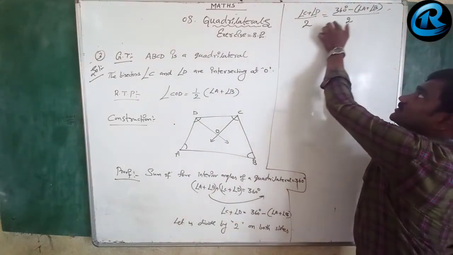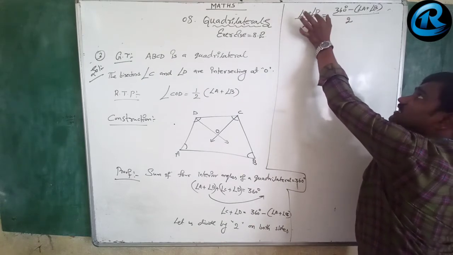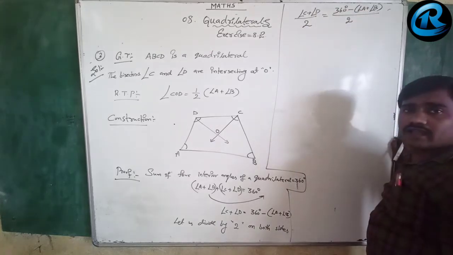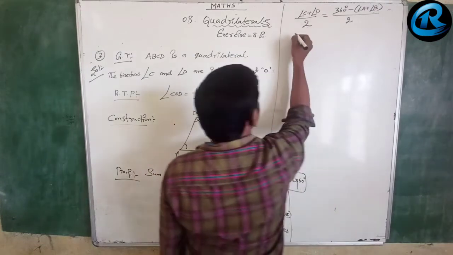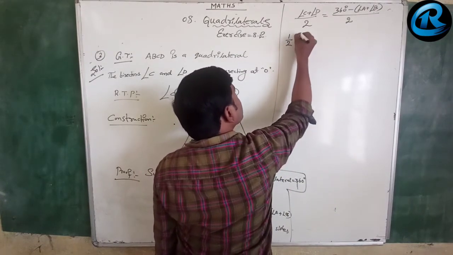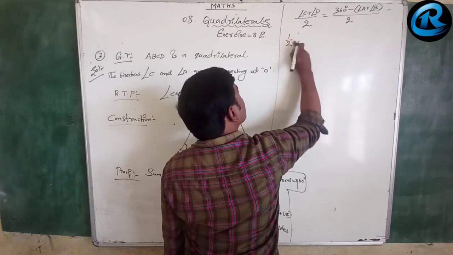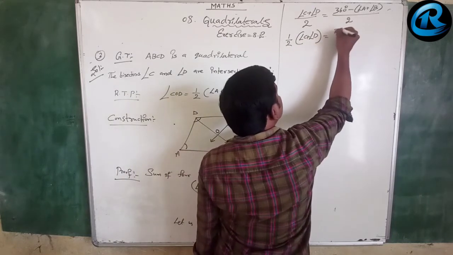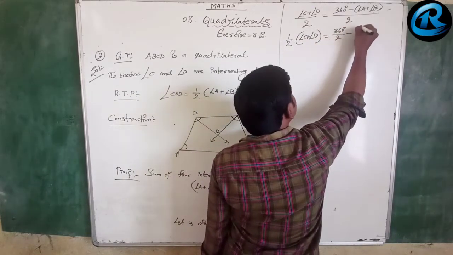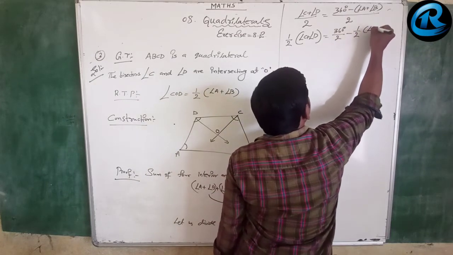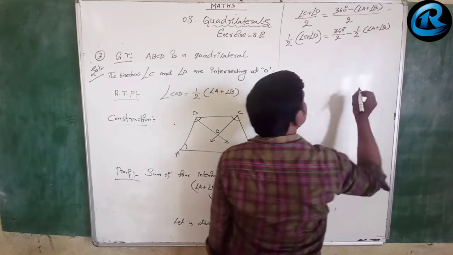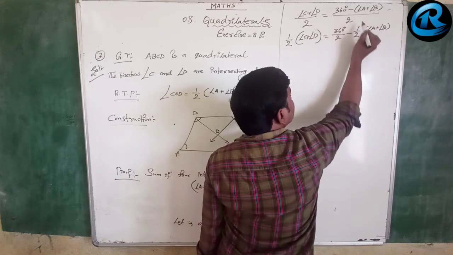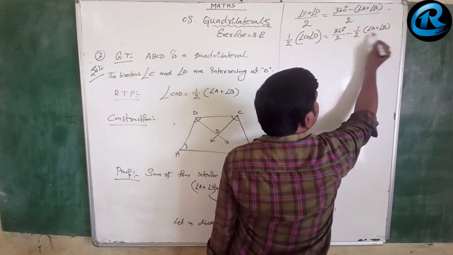This 2 is dividing both angle C and angle D, and also both angle A and angle B. So I will take the 2 common: 1 by 2 of (angle C plus angle D) equals 360 degrees by 2 minus 1 by 2 of (angle A plus angle B).